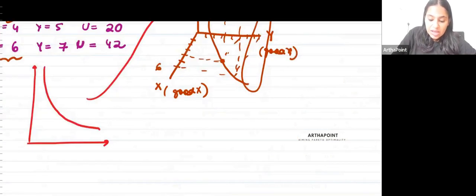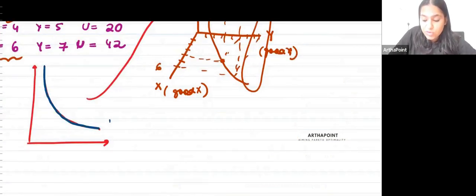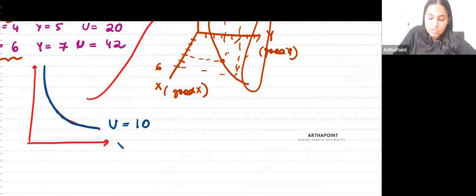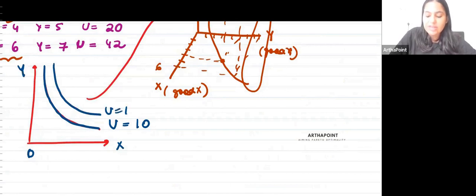But I am able to plot it like this because, by definition, I hold utility constant at 10 and ask: what are the different combinations of X and Y? Holding utility constant at 11, and so on. The reason behind it is simply to show it in a 2D diagram.